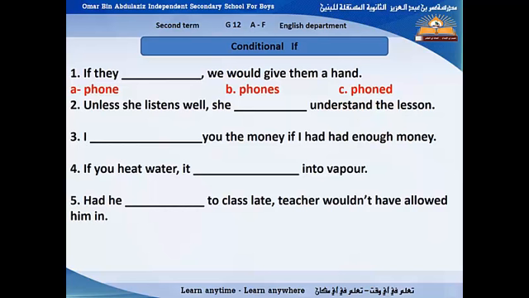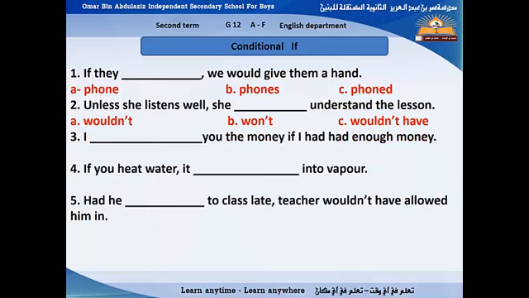Unless she listens, what tense do we have here? We have present simple. So we are dealing with the first case, and the right answer should include will or shall plus the infinitive.